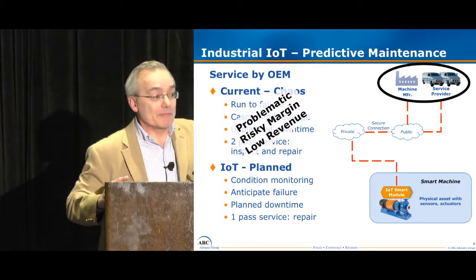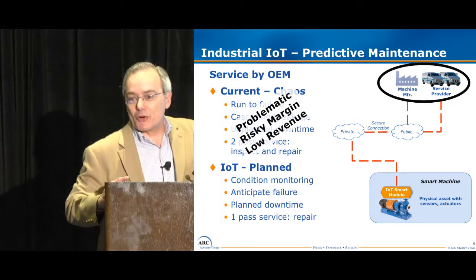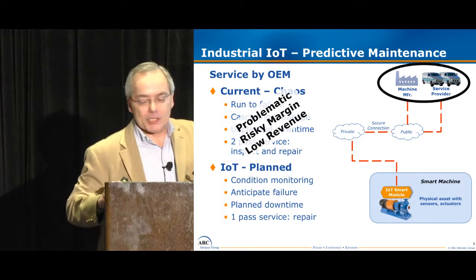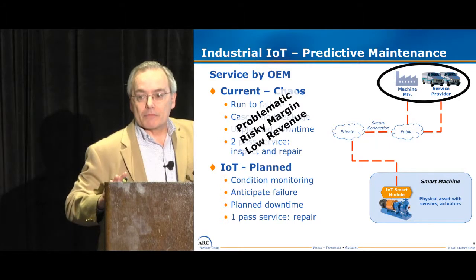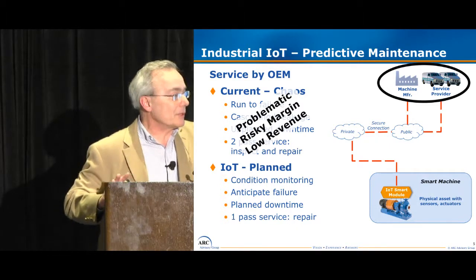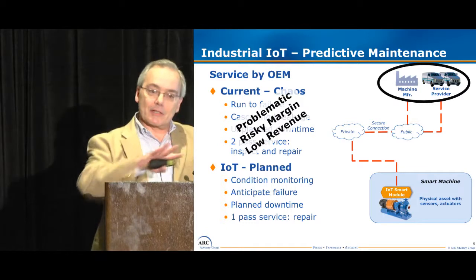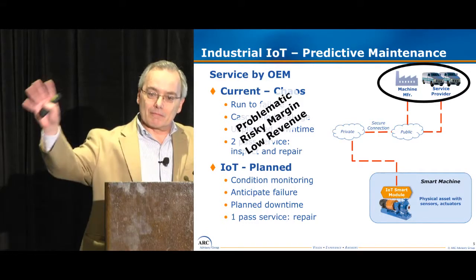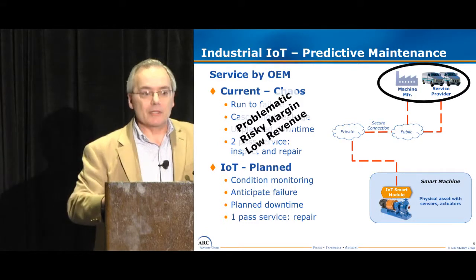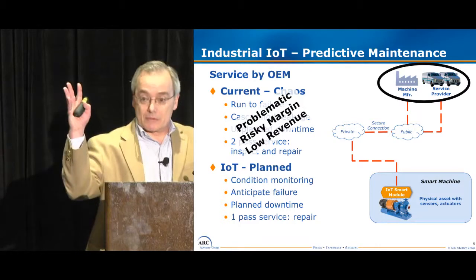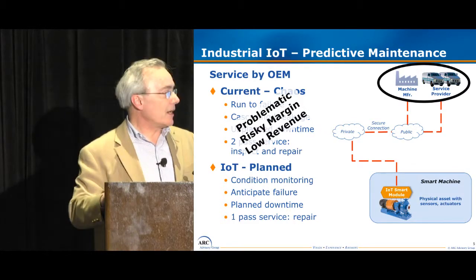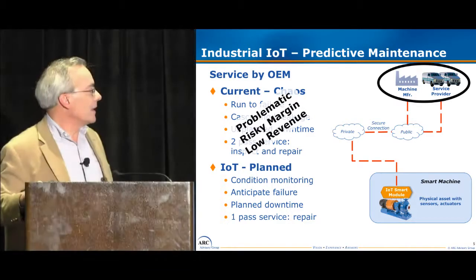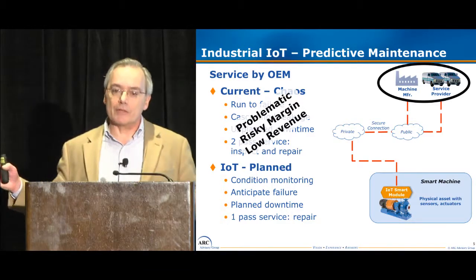A lot of people are very excited, urgent calls, salespeople get involved, management gets involved. It's also a very risky margin because not all the equipment fails in a nice even pattern. Particularly if your equipment is used seasonally, you're going to wind up with times when the service people are very, very busy, other times when they're sitting on their hands, and typically low revenue.